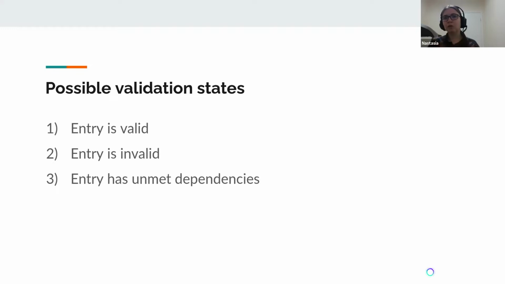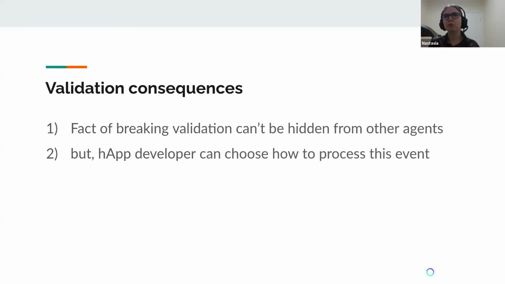So eventually, every entry should be either valid or invalid. But there would often be times when an entry would have unmet dependencies, until which it wouldn't be considered a proper entry.